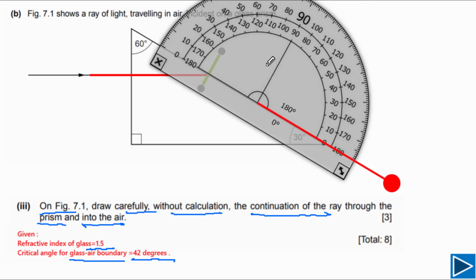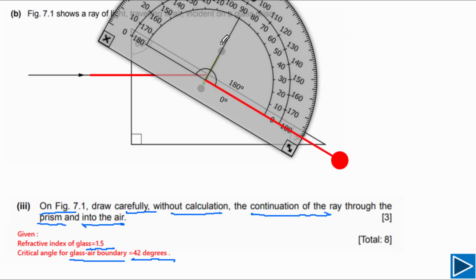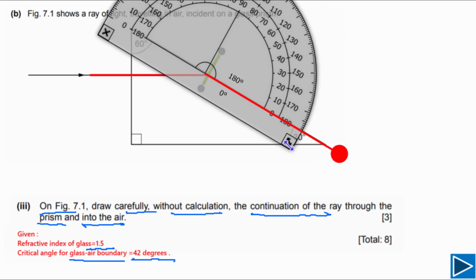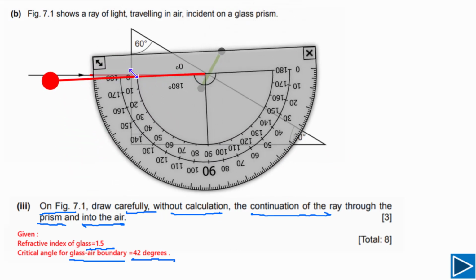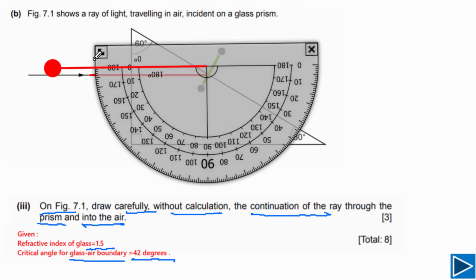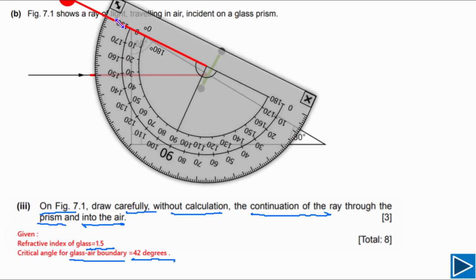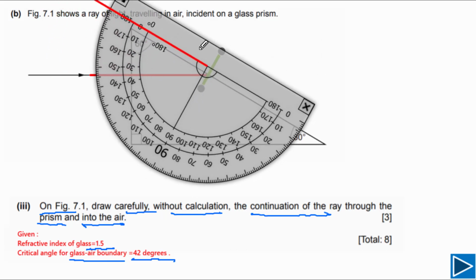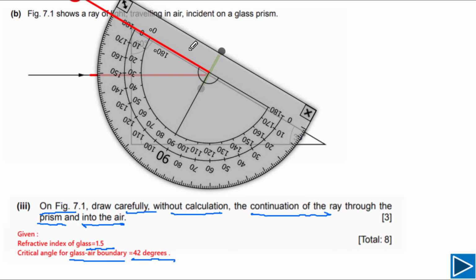Now we need to find out the angle of incidence. In order to find the angle of incidence, we can rotate this and align it with the normal. So let me align this. This is how you need to align.